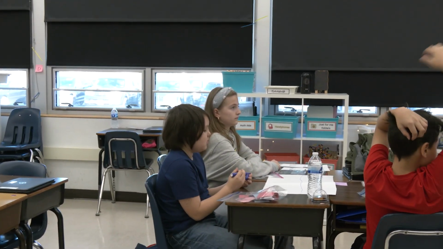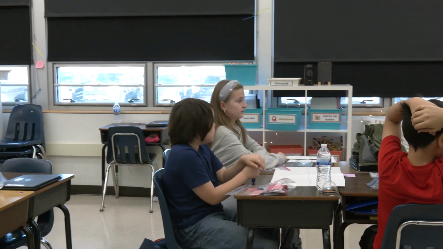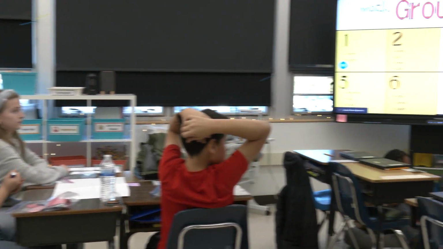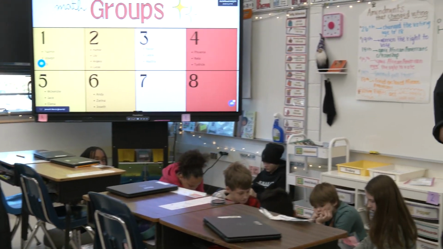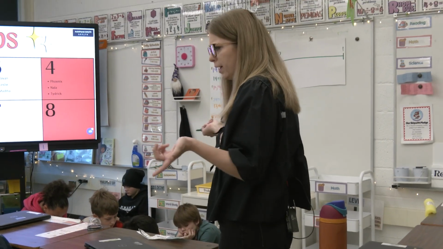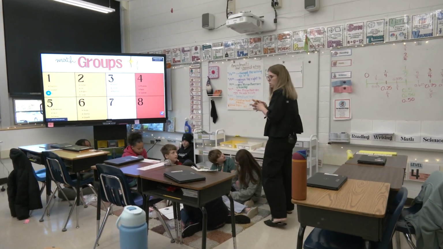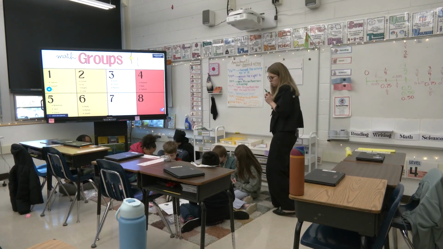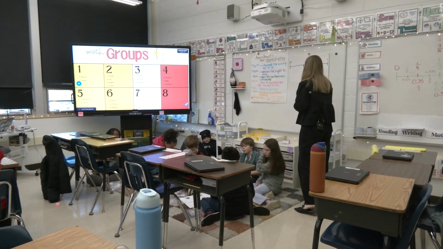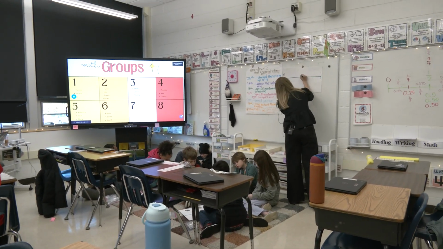Joseph. It looks like Ms. Norris folded it. Just like when we folded our fraction strips. So right in the middle, we're going to put 1/2.